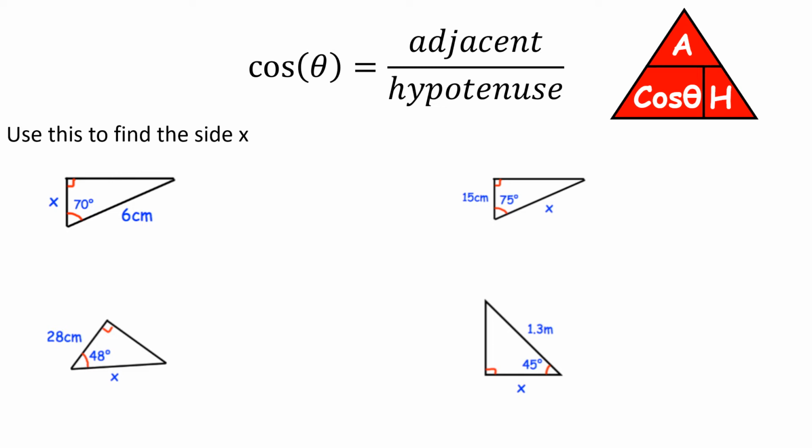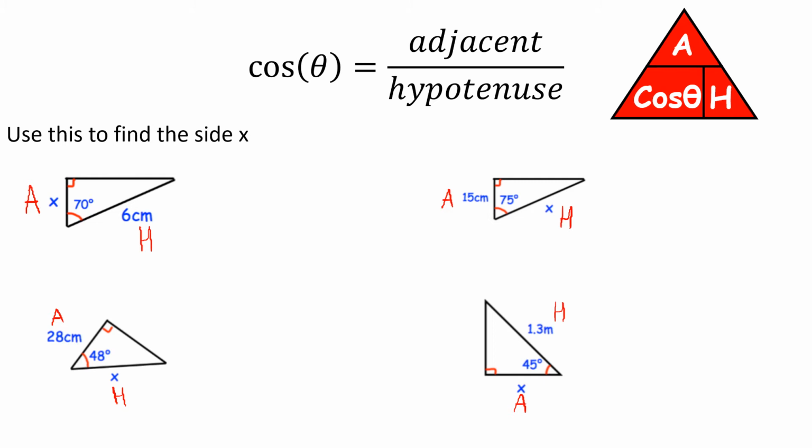So let's see, first one we've got x, that's our adjacent this time because it's next to the 70 degrees, it's between the 70 and the right angle. And our hypotenuse is 6, and indeed if we went round all the other triangles we could come up with a similar thing. We've got hypotenuse and adjacents on all of these.